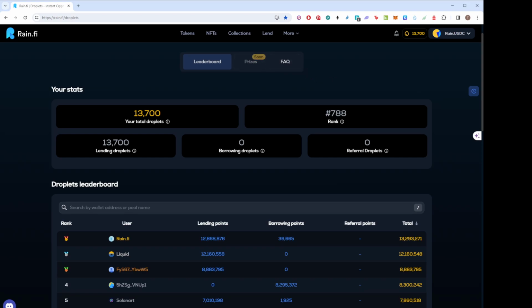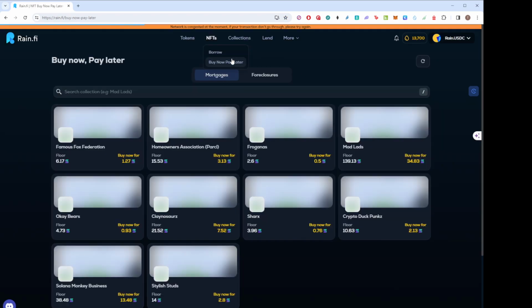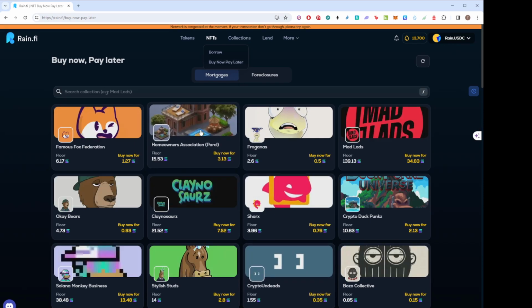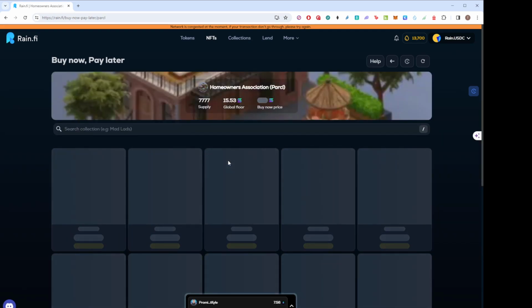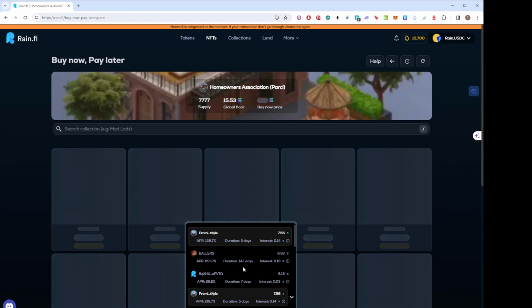So if you guys want me to explain more about Rain, explain about lending, explain about their buy now, pay later, like you can buy a parcel now, for example, for $3, and you could pay it back at a later date.